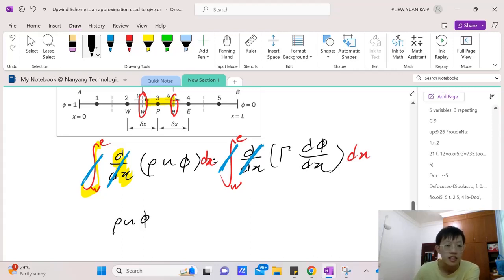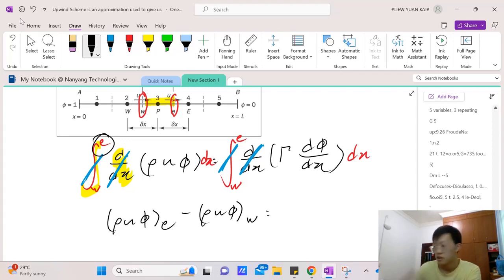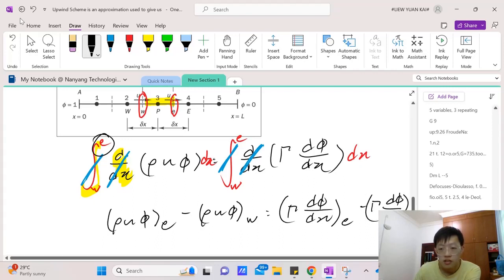Now I have to evaluate this at these two bounds and subtract them. Take their difference: this term at east minus the same term evaluated at west. Copy this down, this term at east, this term at west.